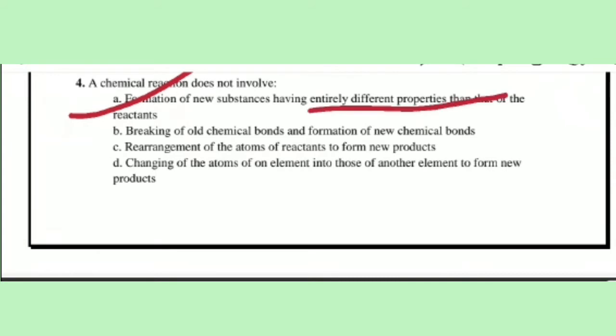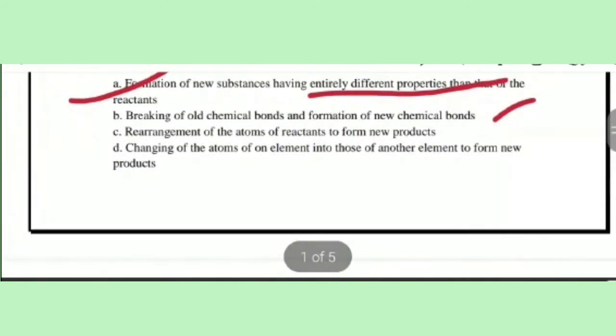Our next is breaking of old chemical bonds and formation of new chemical bonds. There will be breaking of bonds, and also there will be formation of bonds, so it is also correct. Rearrangement of the atoms of reactants to form new products is correct too. The fourth one is changing of the atoms of one element into those of another element.